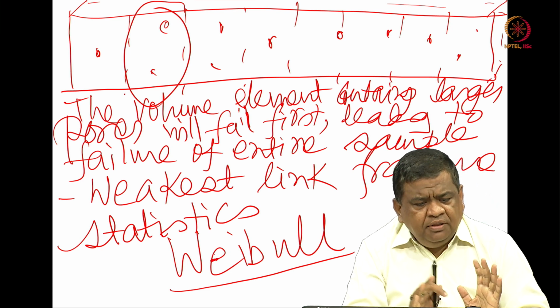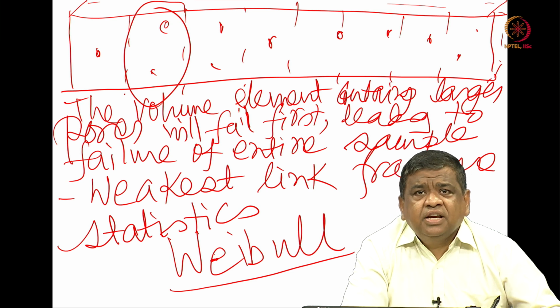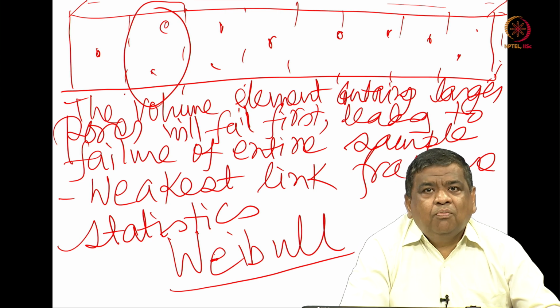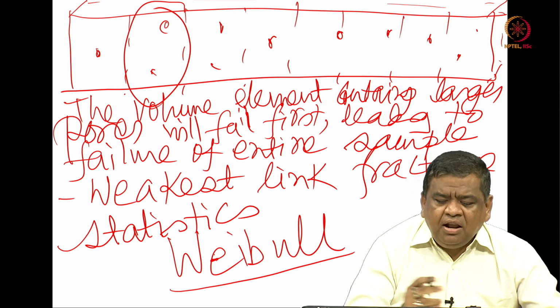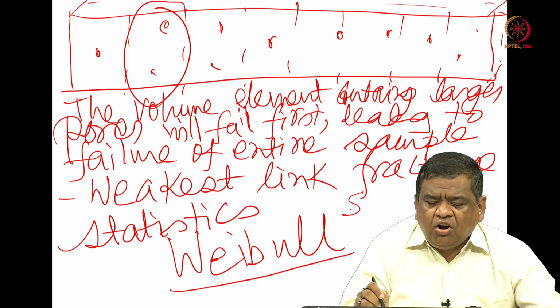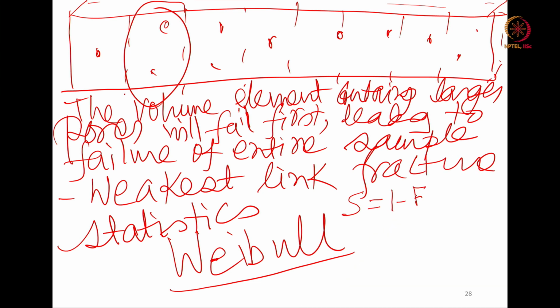Okay. So, this weakest link fracture statistics is based on the probability theory. The probability theory is that survival probability of any volume element is equal to 1 minus failure probability, or failure probability of one volume element is essentially 1 minus survival probability.